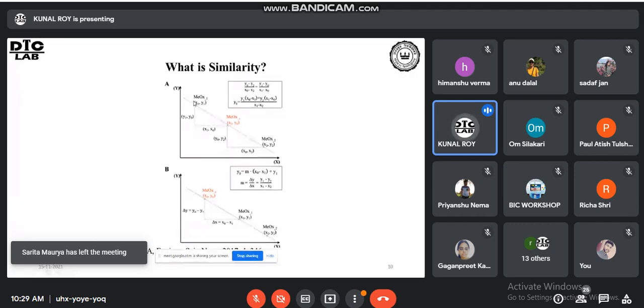So this is one source compound, this is another source compound, and from them we can generate the slope of this line using this expression, and then we can predict the target value of the compound that we want to predict. So here we are getting the slope only from these two compounds, and then we are using both of the source compounds for prediction of the target value, that is Y0 of this compound.